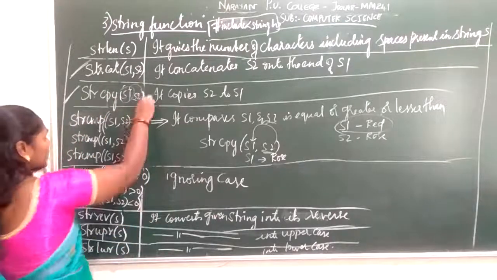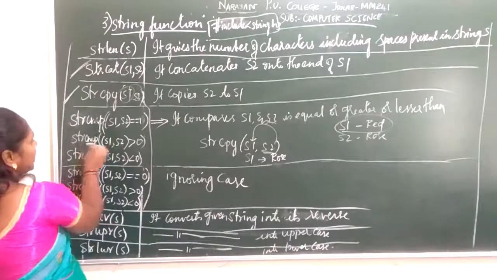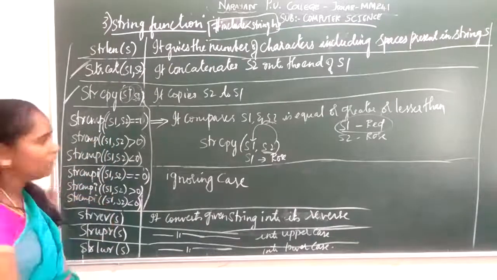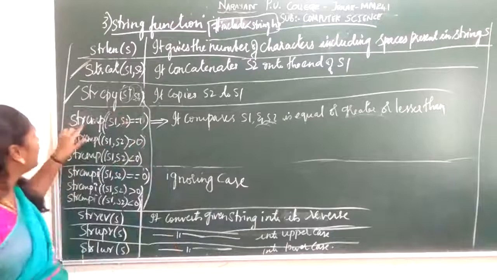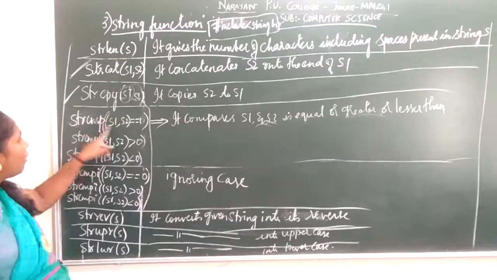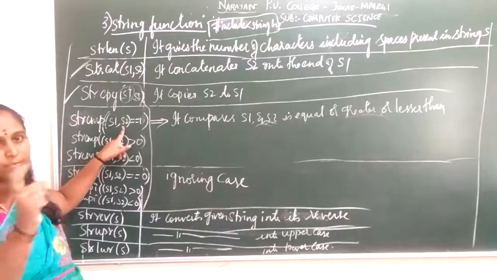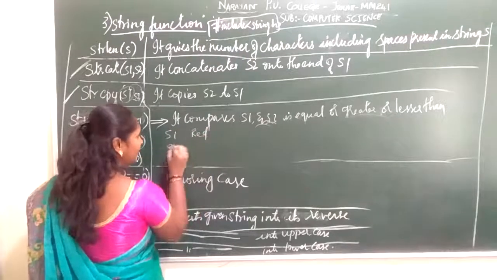Next, another function, that is string compare. There are three ways of string comparing. You are going to compare the strings. When you compare S1 and S2, if both strings are the same, say S1 also has the value red, it is even case sensitive.